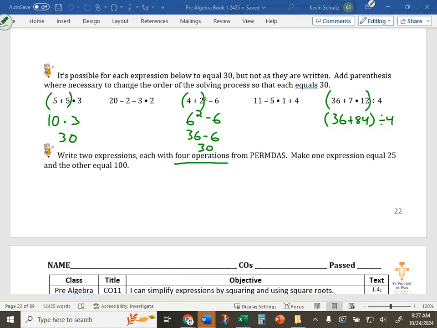I haven't done the parentheses yet, so I still have to finish that out. 36 plus 84 is 120. And 120 divided by 4 equals 30. Job well done. I got that, and I was like, what can equal out? Good! Yeah. So that's how it equals out.